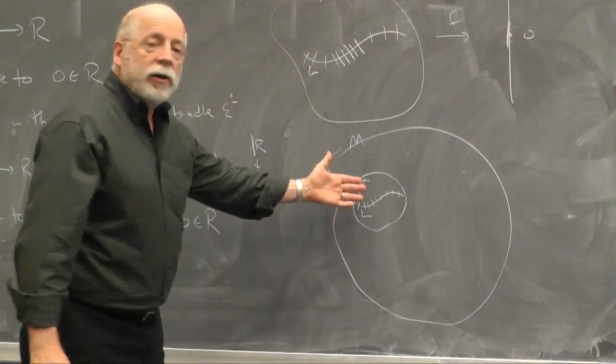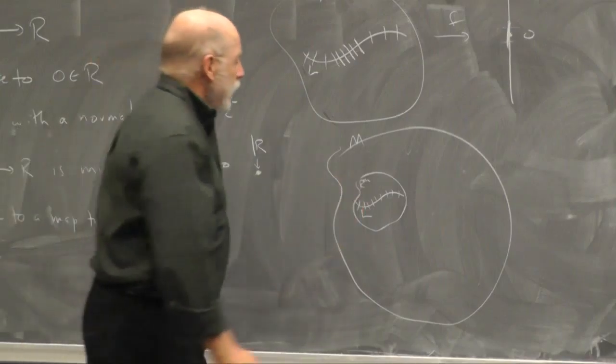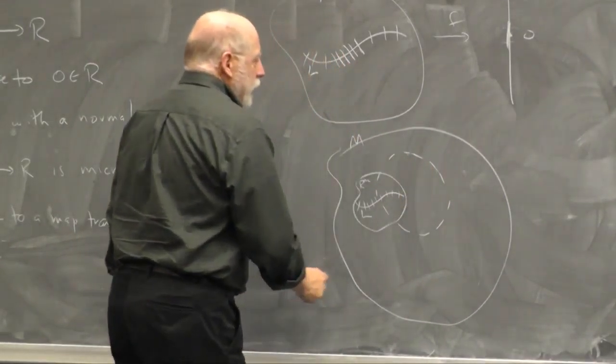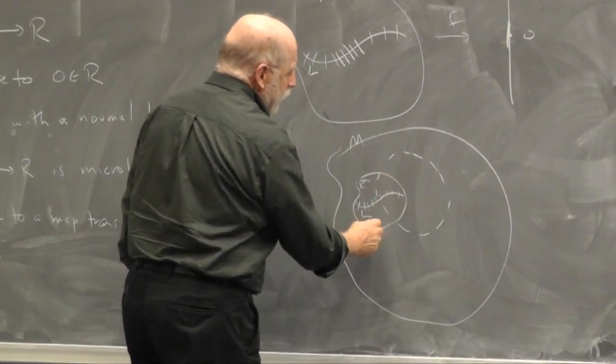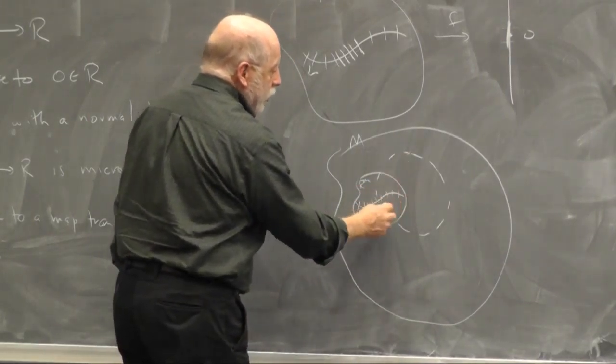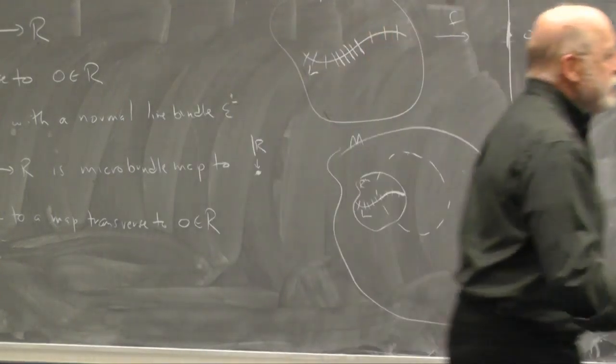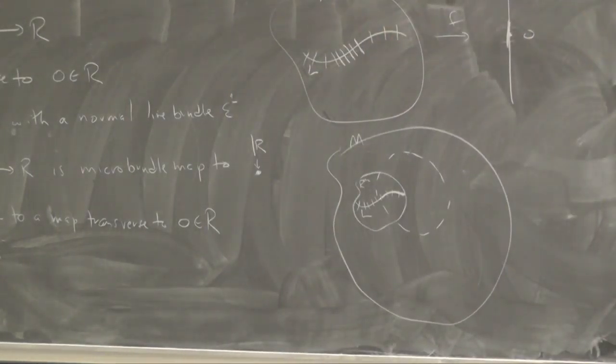You can do that on the chart because the chart is already smooth. Now take a new chart, and in this new chart, you have a smooth structure, so you alter the smooth structure so that this is our yellow piece again, same argument, same philosophy, hardly any different.